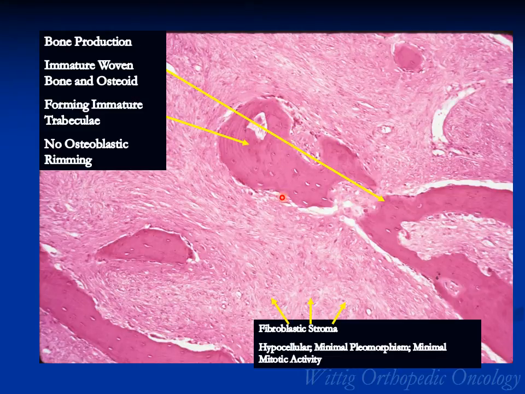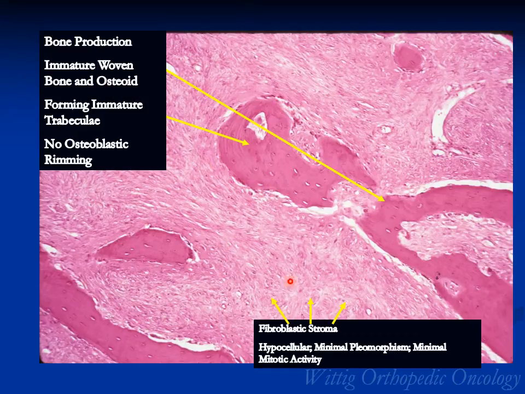Showing a higher power view of the fibroblastic stroma and the immature woven bone. We recognize this as bone and fibrous tissue. They're trying to form immature trabeculae.